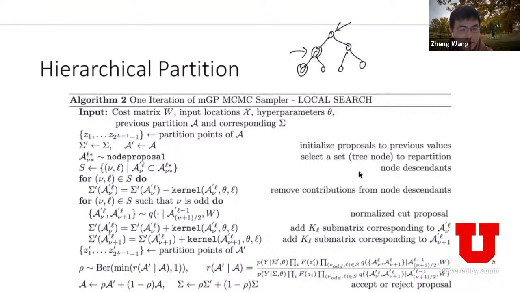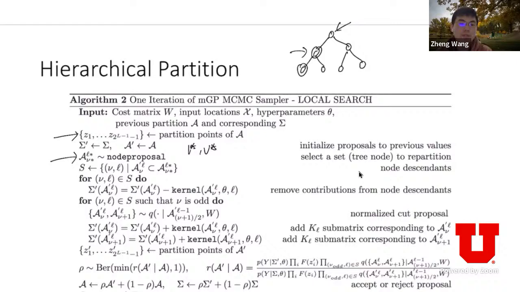Yeah, you already know the global partition here, so you just select one according to the L star and V star.